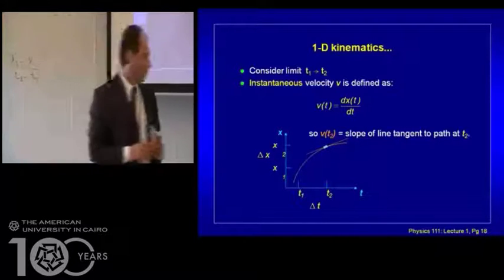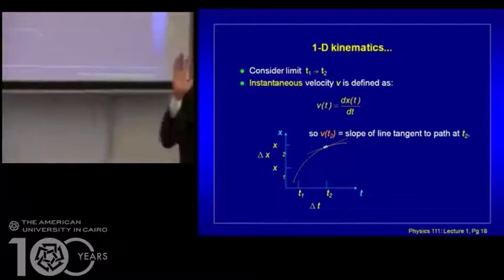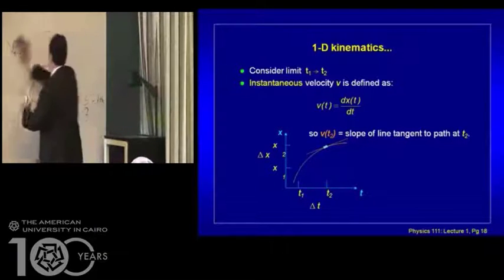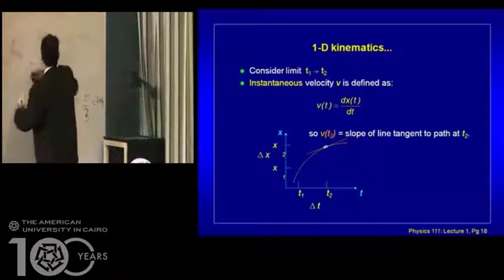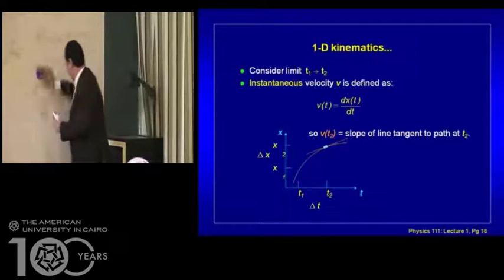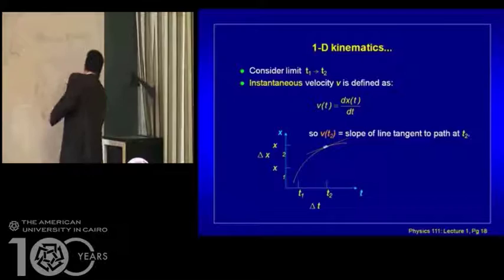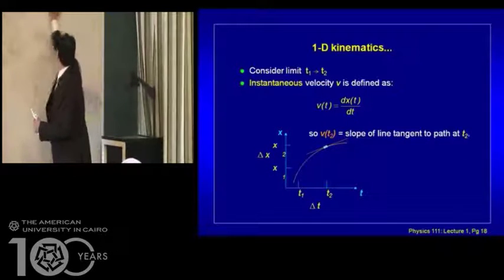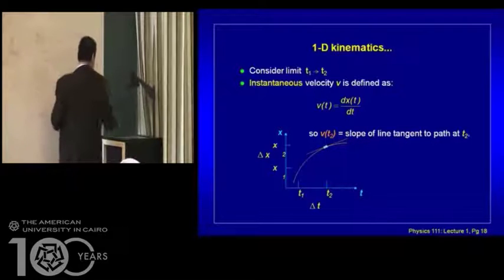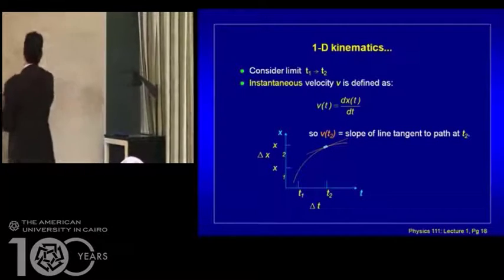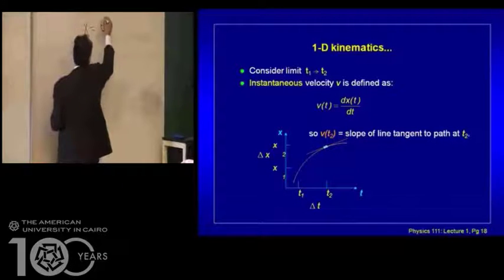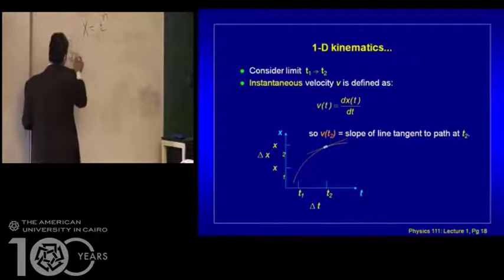I'll show you how to do it. If you have x equal to t to the power n, find dx by dt.